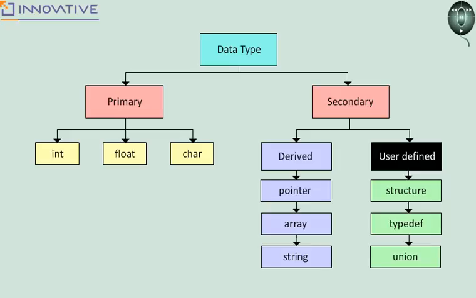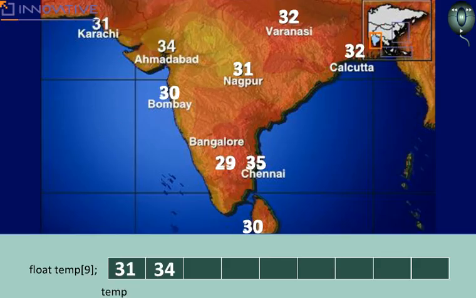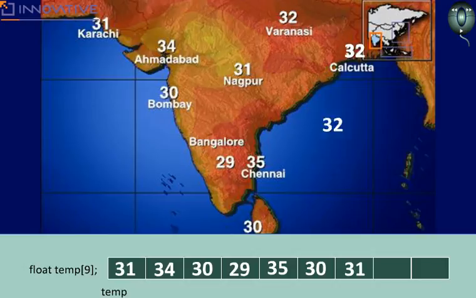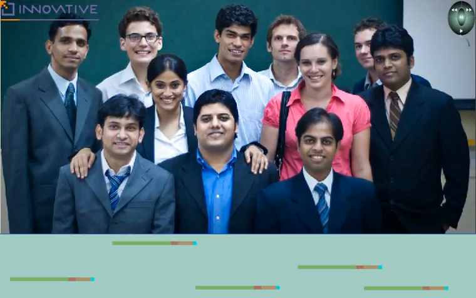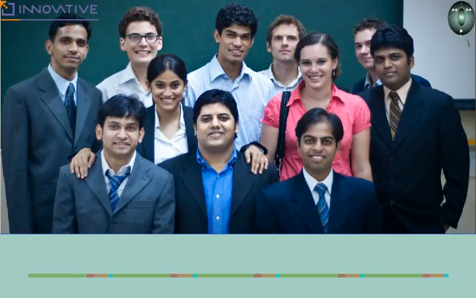So simple. To store precipitation at various places in the country, we declare an array of float. In the same way, to store information of multiple employees, we can declare an array of structure. Let's write one program.